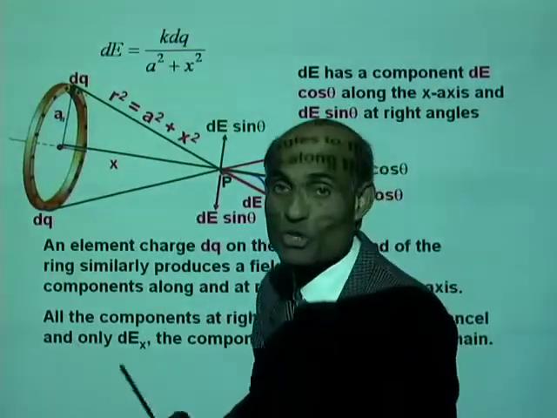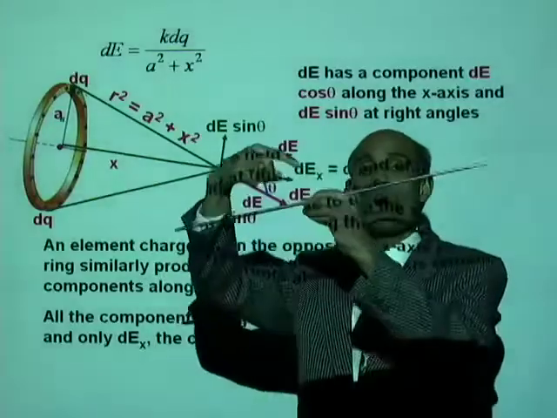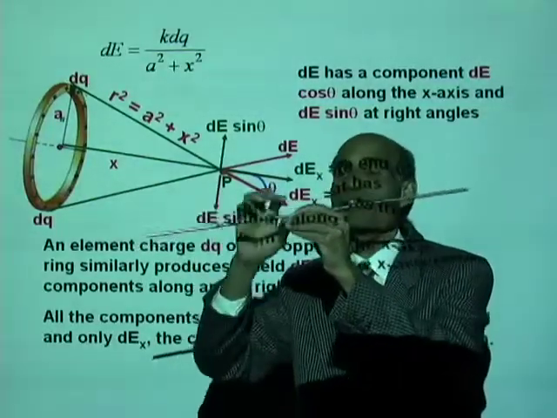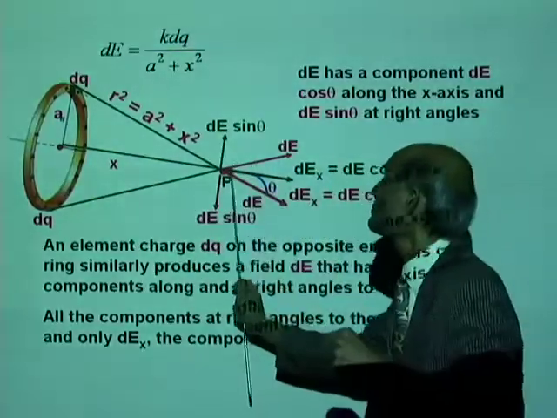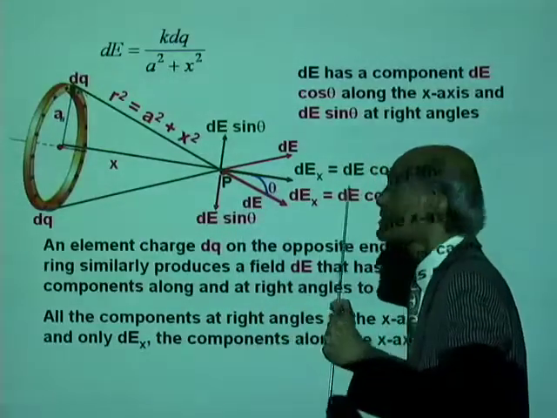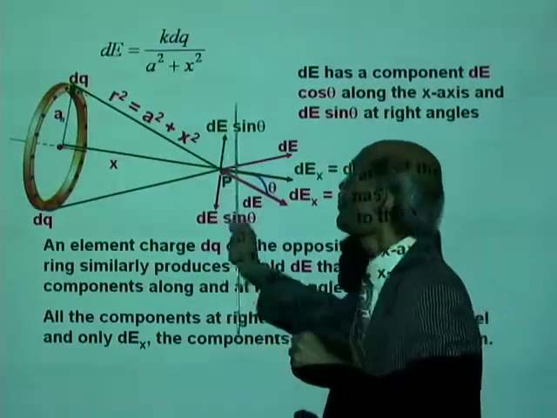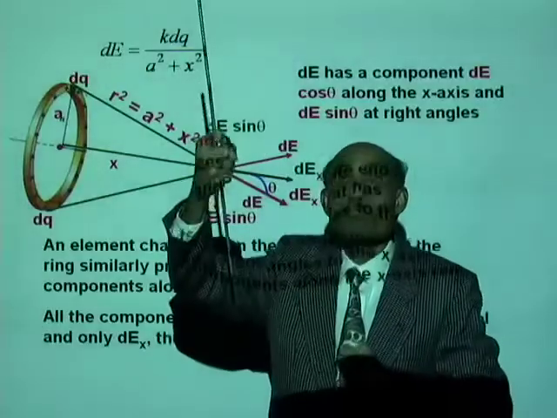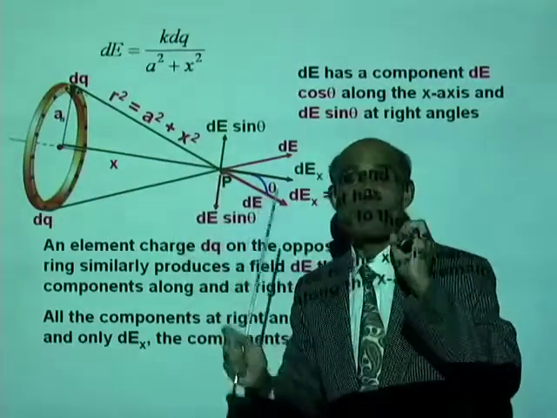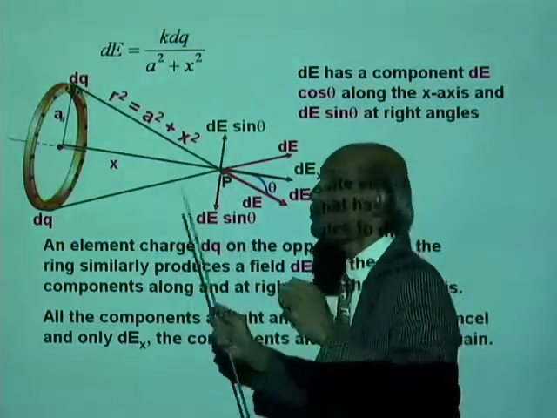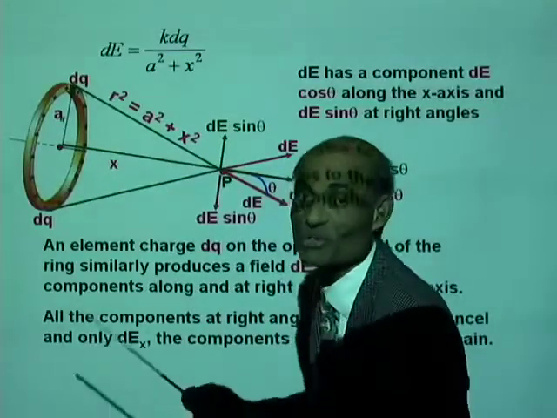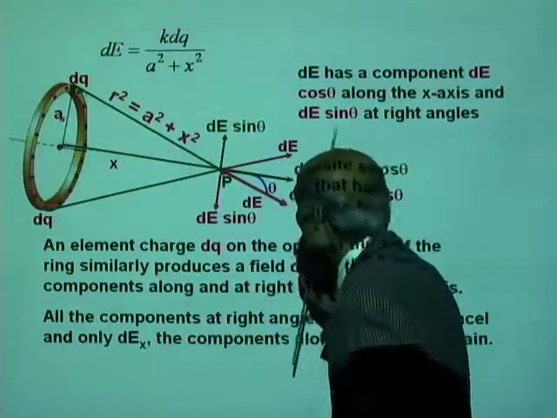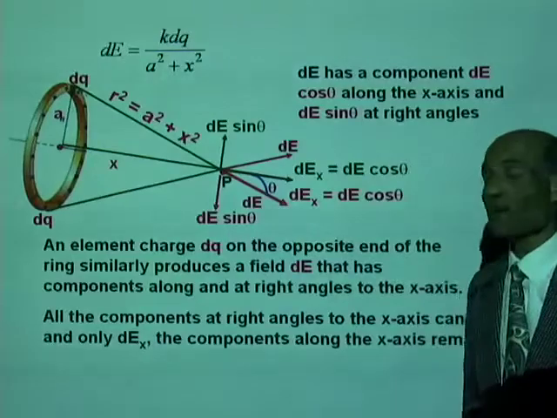That means you can construct these all around, with x components all directed in the x direction and the y components each opposing each other. What that means is all these y components will cancel and all the x components will add up.